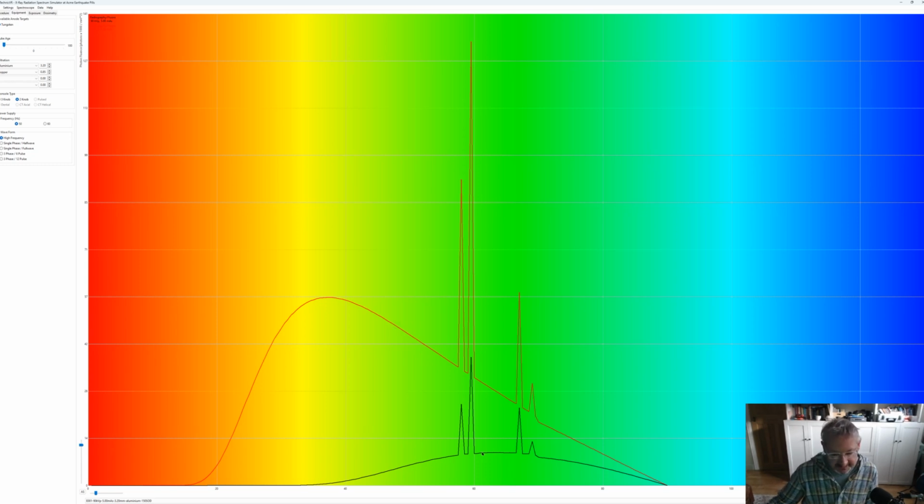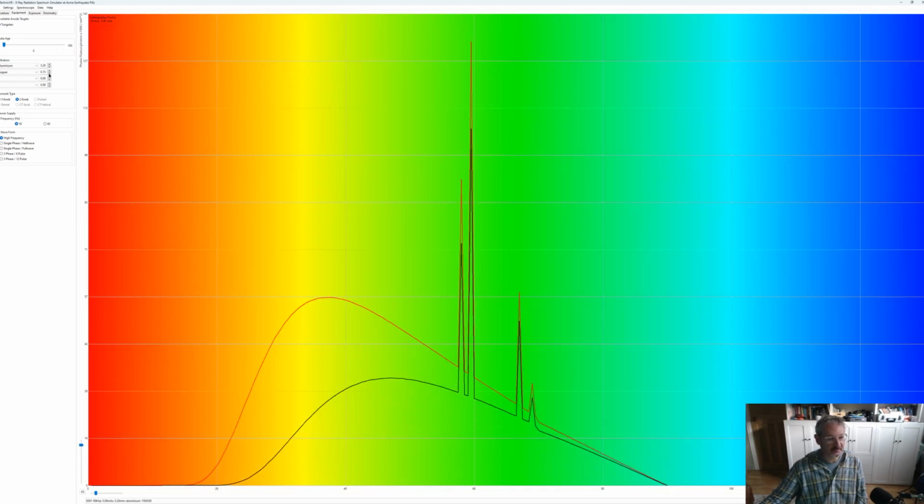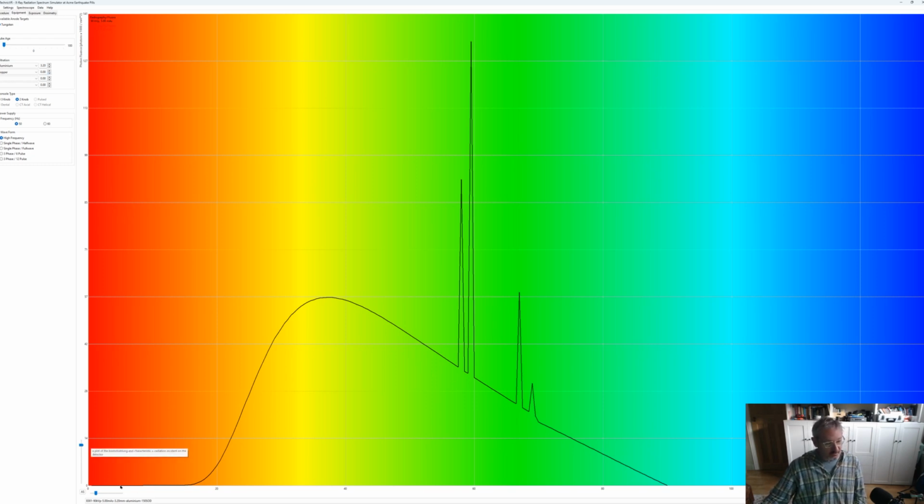So anyway, in answer to your question though, do we remove the characteristic spikes? The answer is yes, because what we're not seeing here, because of the inherent filtration, is the L shell spikes of tungsten.